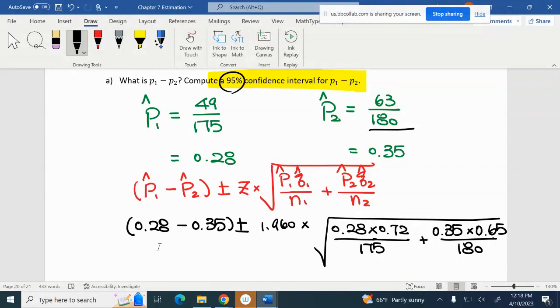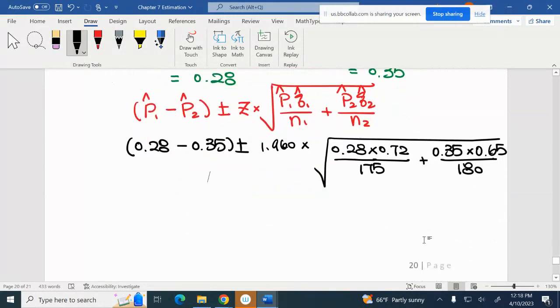So let me plug statistics into the formula. Then now let me take the inside of the square root. 0.28 times 0.72 over 175 plus 0.35 times 0.65 over 180.